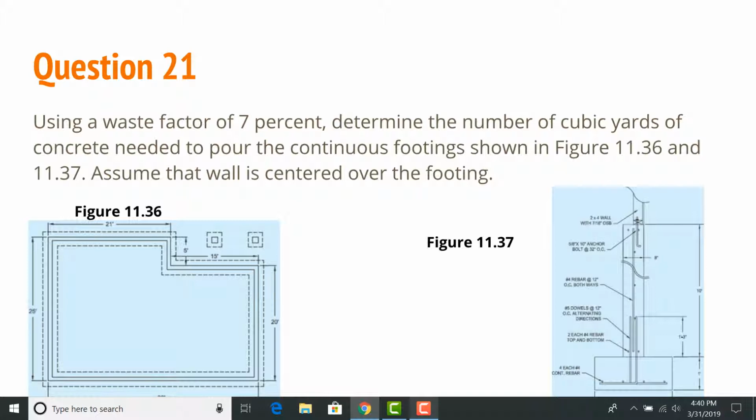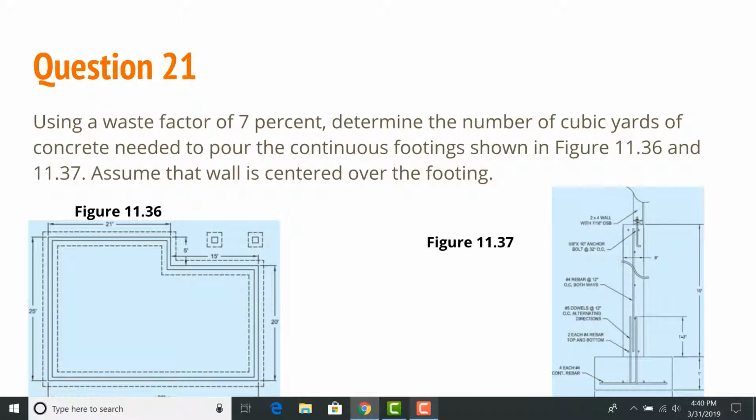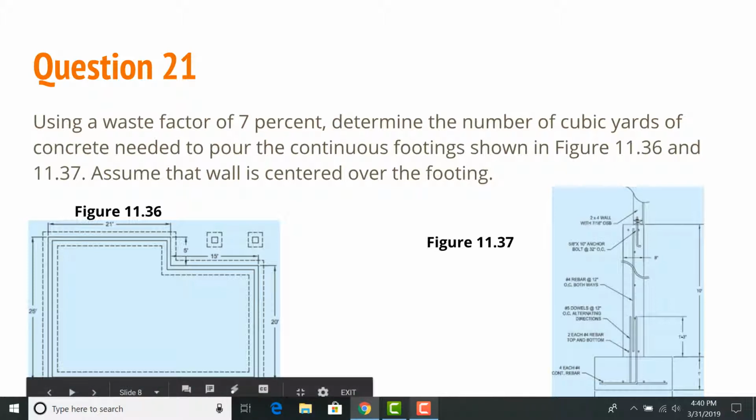Assume that the wall is centered over the footing. So the first step I did was I calculated the cross section of the footing, the area, so base times height of the footing, which I got from this picture right here, the base and the height.